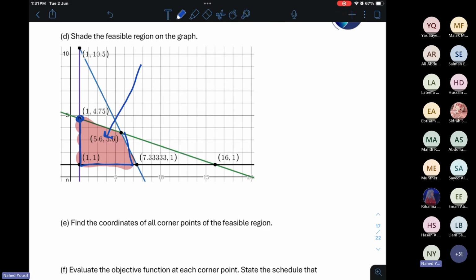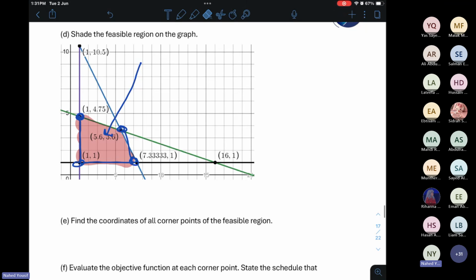And these points, we call them corner points. How many corner points do we have here? Can you tell me? 4. Yes, 4. And you have to state them, so you have to highlight them.